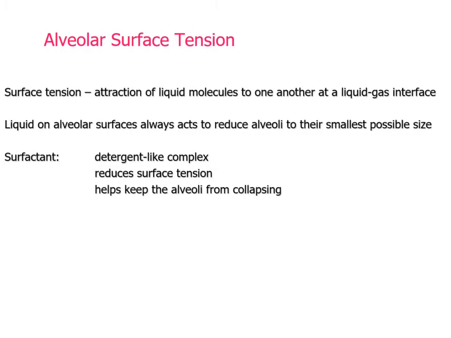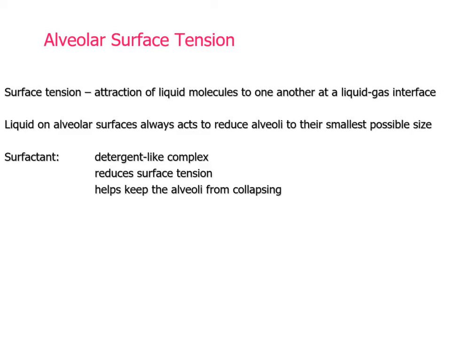That idea of surface tension of water is simply the attraction of liquid molecules, water molecules, to one another at a liquid-gas interface. It is due really to hydrogen bonding. Hydrogen bonds are not particularly strong, but when there are so many of them, they do have some significant effect.